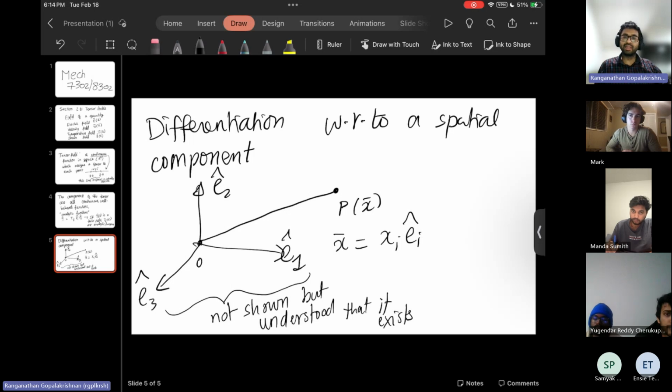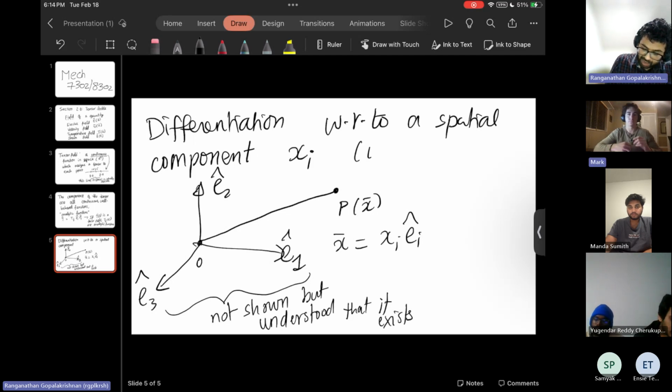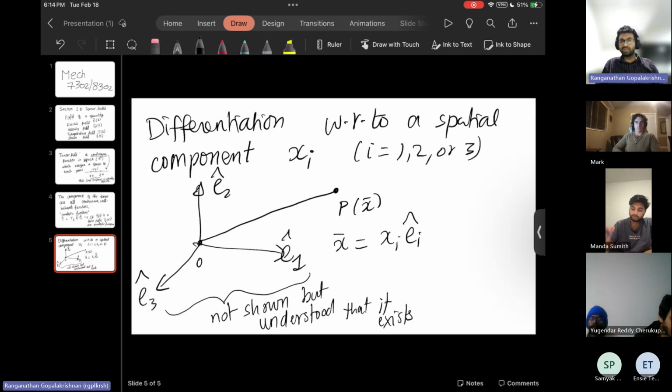We just say that in an unspecified coordinate system, a point P has a position vector X, and X is given as Xi Ei. And when we say differentiation with respect to a spatial component, I'm referring to Xi, where i could take values 1, 2, or 3 with respect to any of the three directions.